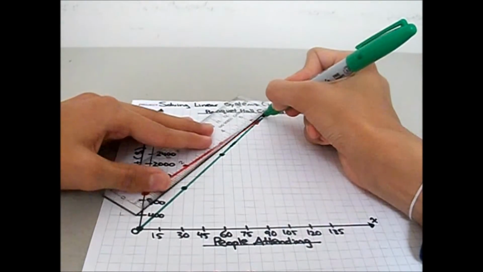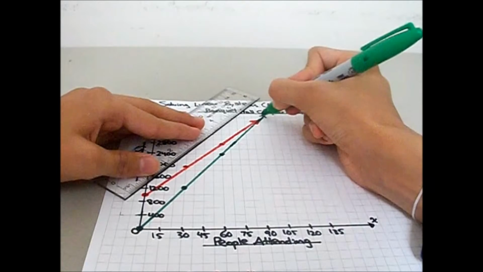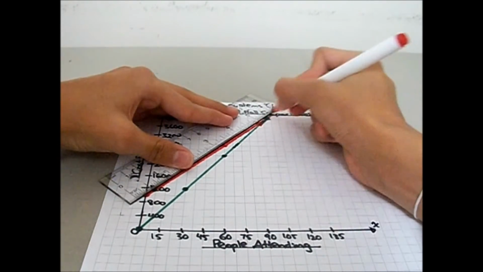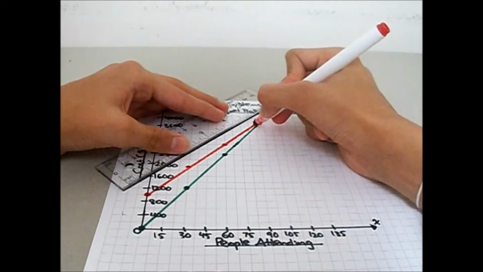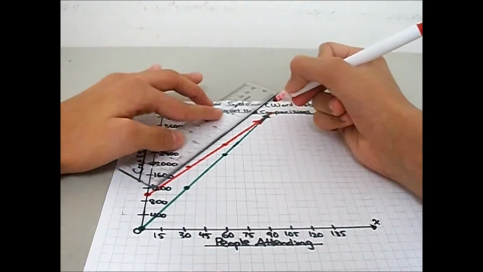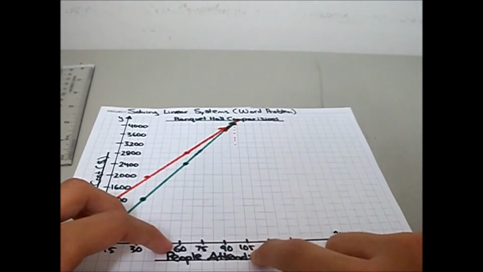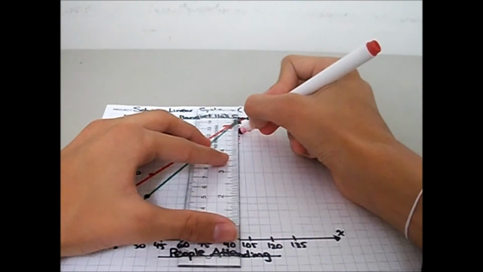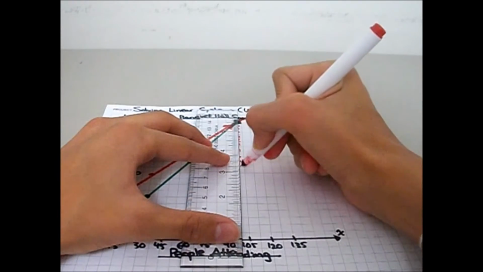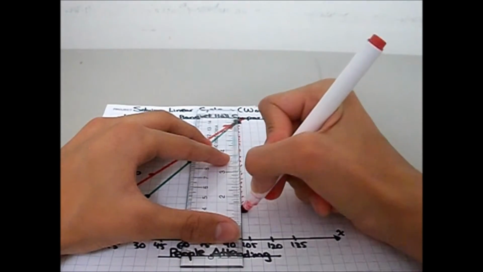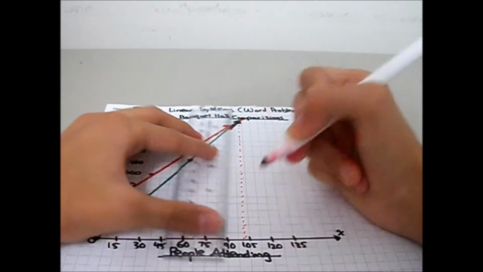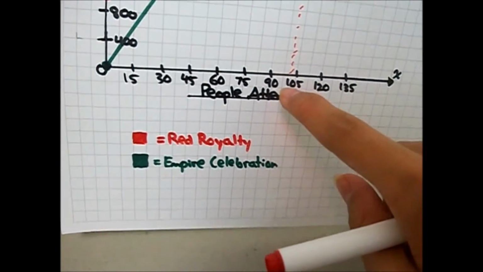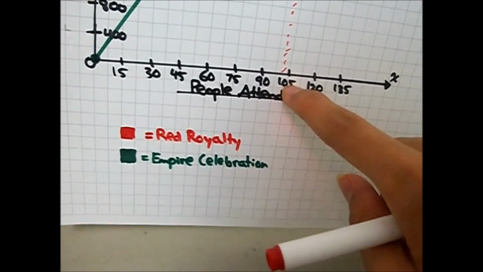I'm also going to have to extend the red a little more. Extend red. It'll be somewhere over here. Point of intersection is somewhere between 90 and 105. So if we were to just trail it down, it's closer to 105.